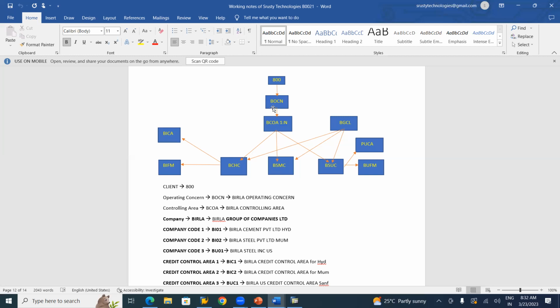Why? Because if you change it, there will be a lot of confusion. But when you create the third structure, then you can start experiments. Instead of 3, you can create 4 company codes or 1 company code or 10 company codes. Then you can do a lot of experiments once you understand the concept.